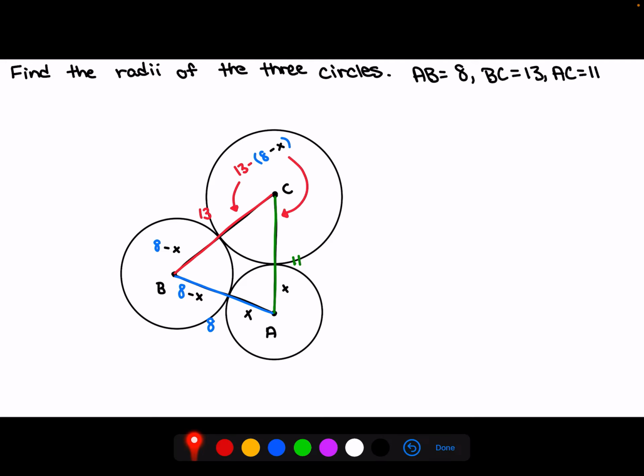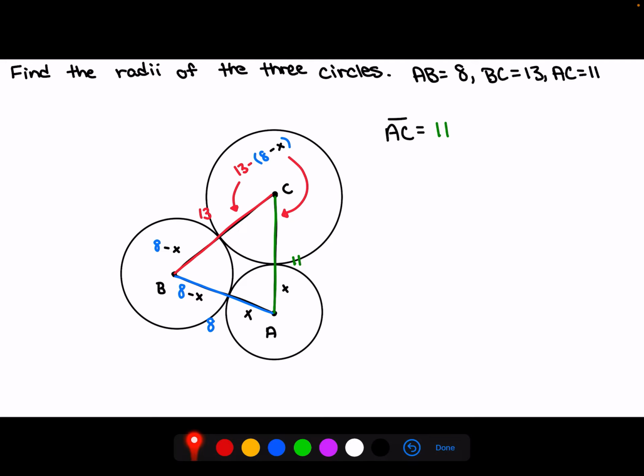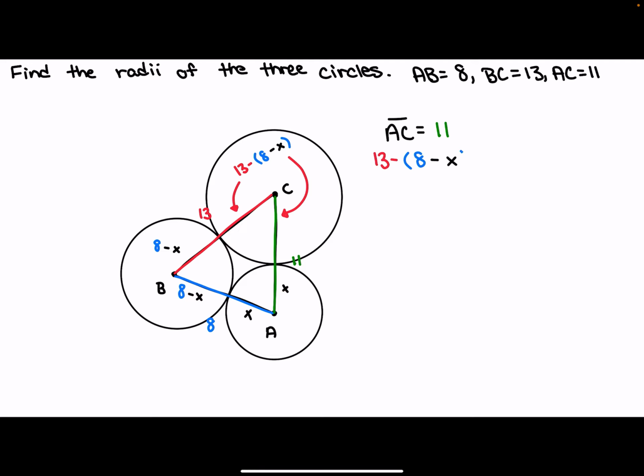At this point, I can go ahead and find the radius of each of these circles. So I know that AC is equal to 11. I also know that AC is equal to X plus 13 minus (8 minus X). So therefore I can say 13 minus (8 minus X) plus X equals 11, the full length.